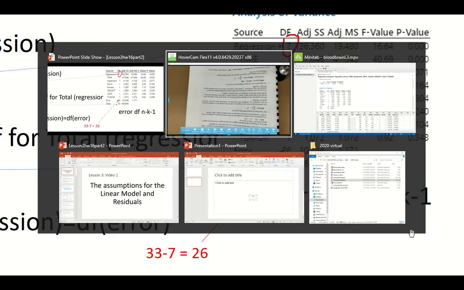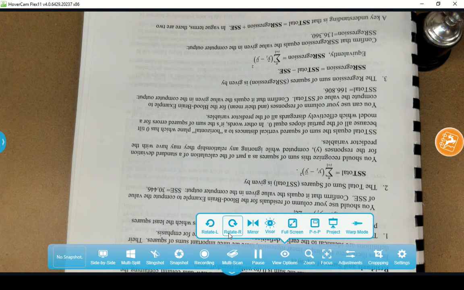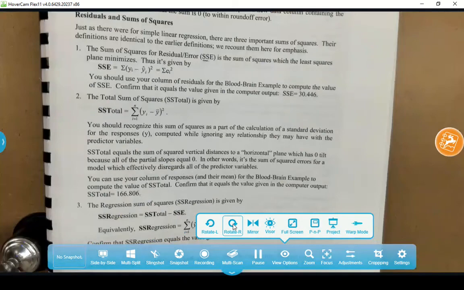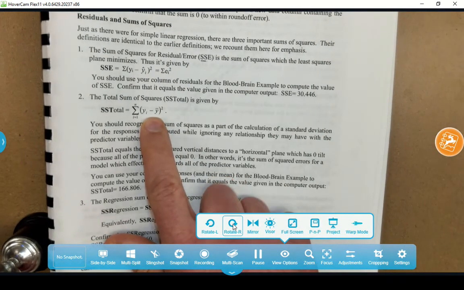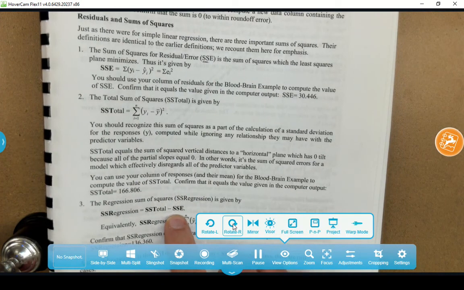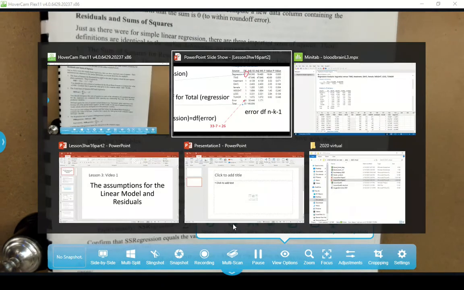Okay, so this part of the course pack found on page 131, it's upside down. We will get it straightened out here. So again, you've got the sum of squares residuals, you've got the sum of squares total, and the sum of squares regression.